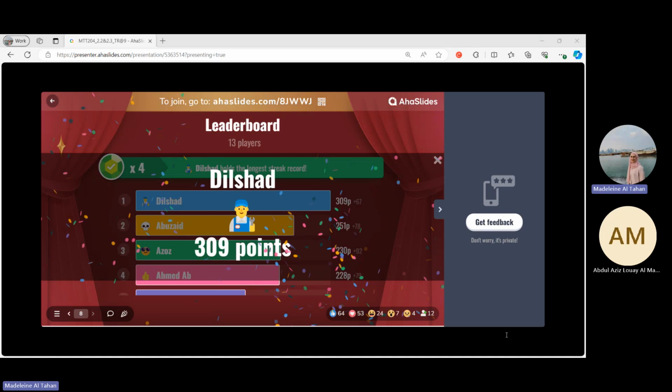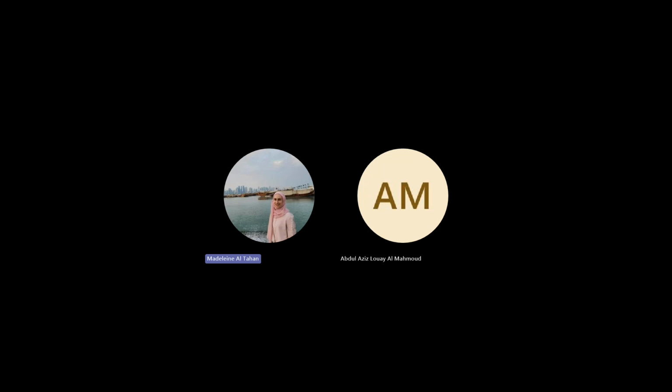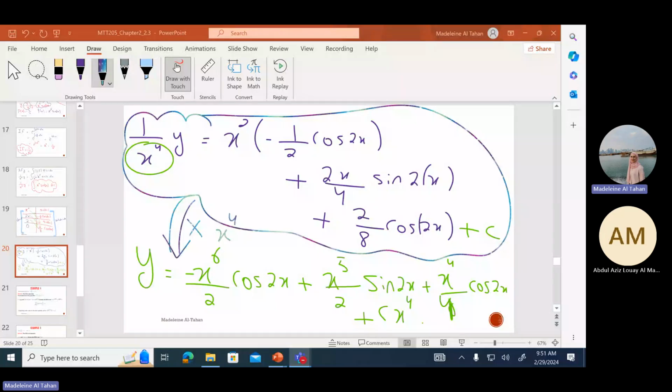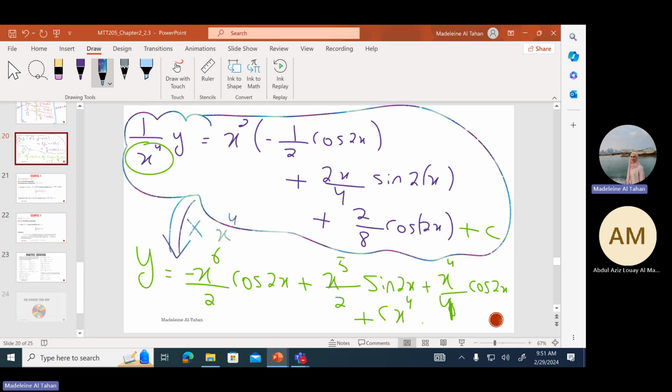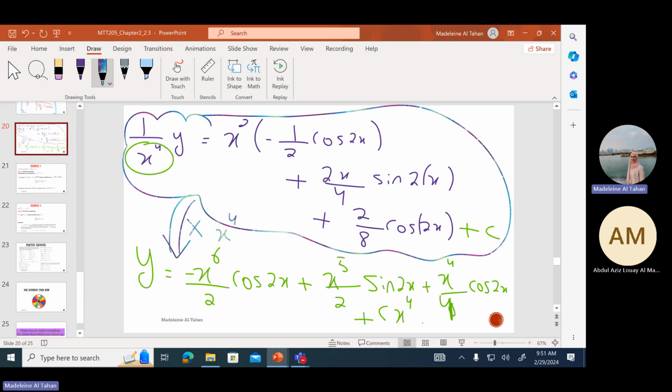So let's go back. It means that we should have more practice now. So what we will do now, you will work alone, and we will correct together. Let's solve an initial value problem. I think one exercise will be enough.